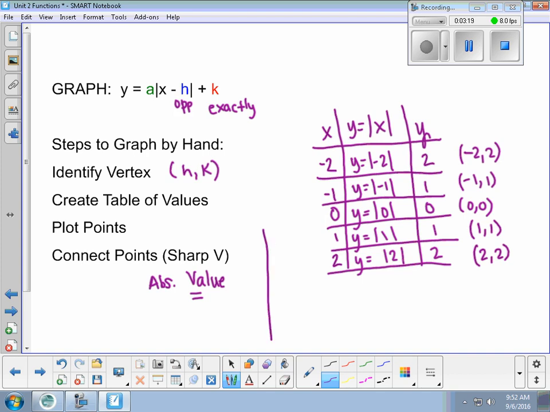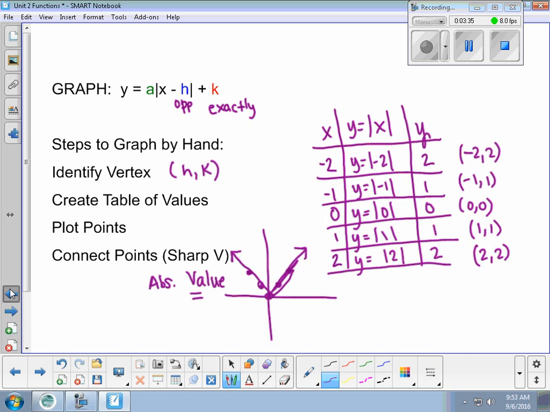And when I do graph those, it would look something like this. So this is the parent function that we would compare all of the other graphs to.